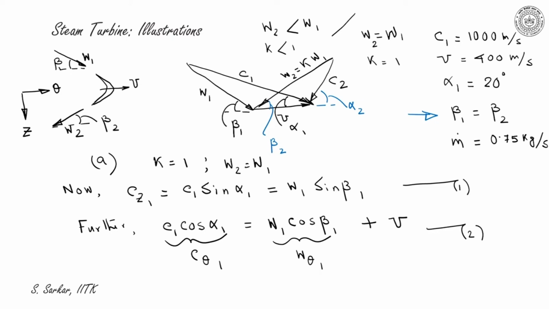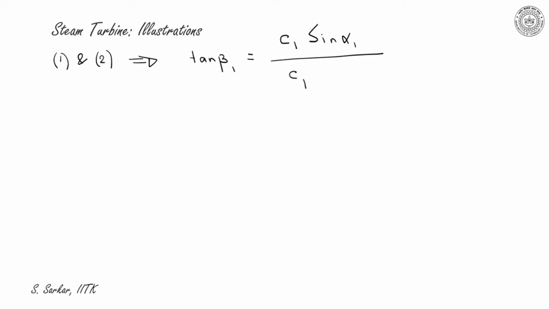From equation 1 and equation 2, I can write tan beta 1 is equal to C1 sine alpha 1 divided by C1 cos alpha 1 minus u. This is equation number 3.